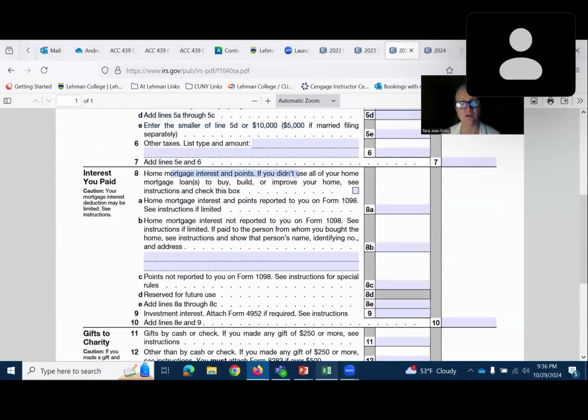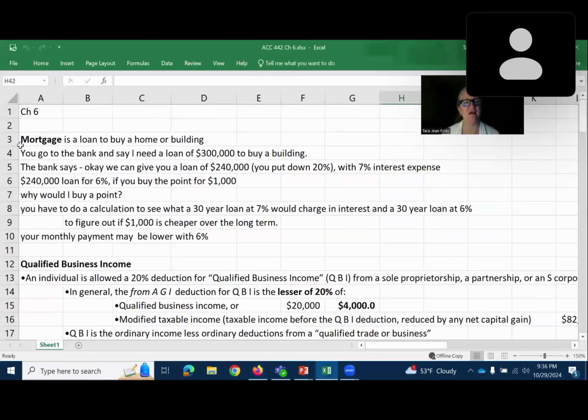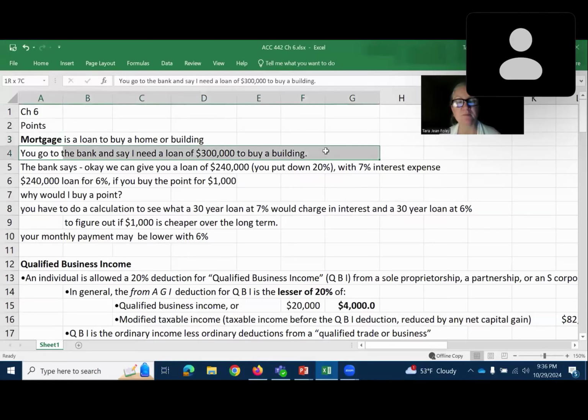So people don't understand what points are. So let's pretend this is about points. Let's say you're going to buy a building and you need a loan, and the building is worth $300,000. So you go to the bank and say, I need a loan for $300,000 to buy a building.